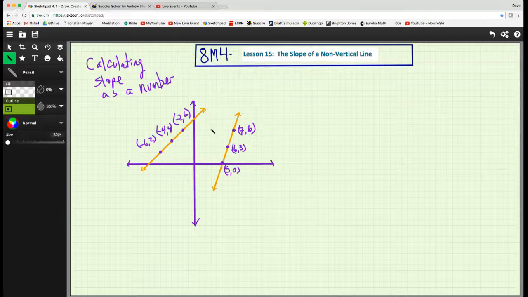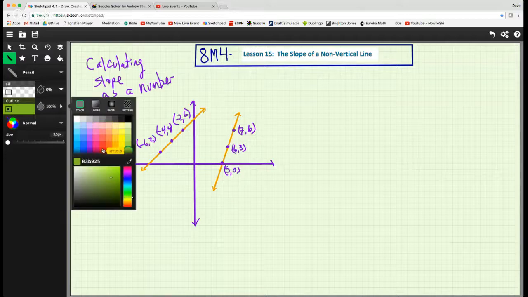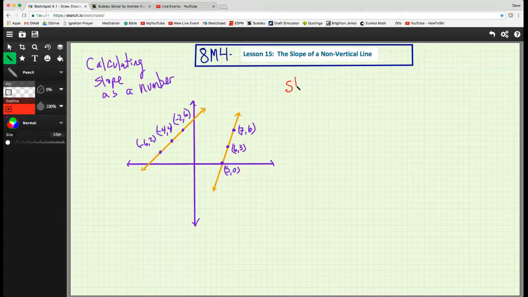But the way that you calculate slope, there's a number of concepts that you'll hear in math. One is called slope, and that has to do with how steep this line is and whether it's positive or negative. And that is also equal to the rise.